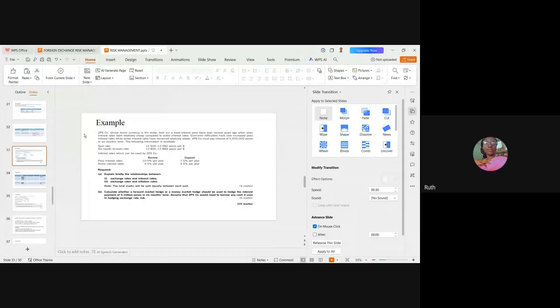We're going to divide 5 million by the right-hand side, that is the higher forward rate, which is $387,928.